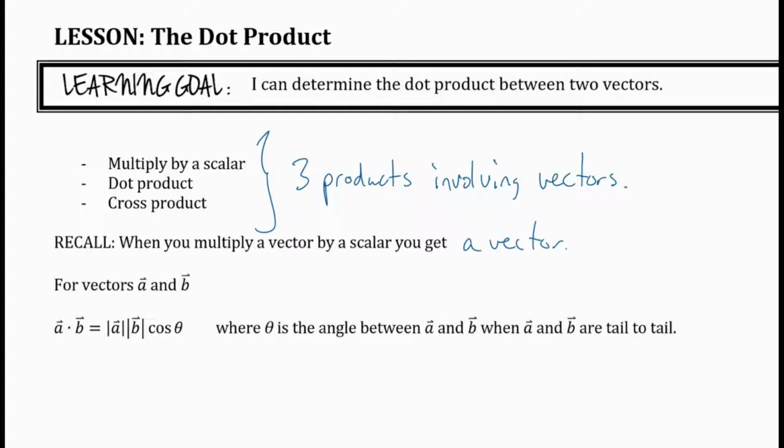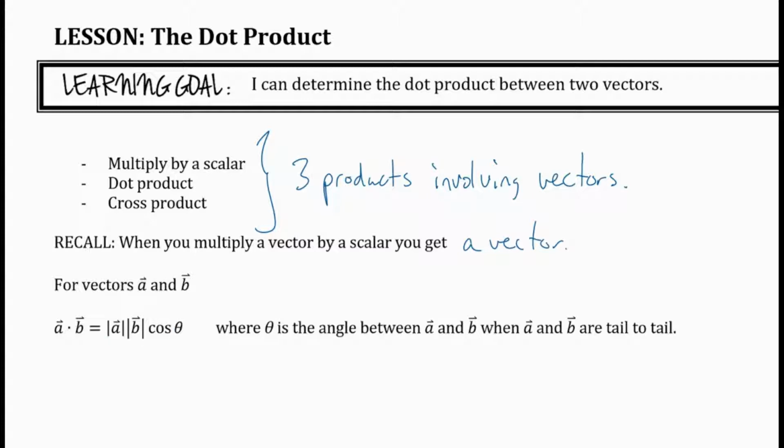Okay. So now we're going to define the dot product, then we're going to talk about it a little bit. So you're given 2 vectors, vector A and vector B. A dot B, vector A dot vector B, is equal to the magnitude of A times the magnitude of B times the cosine of theta. What is theta?